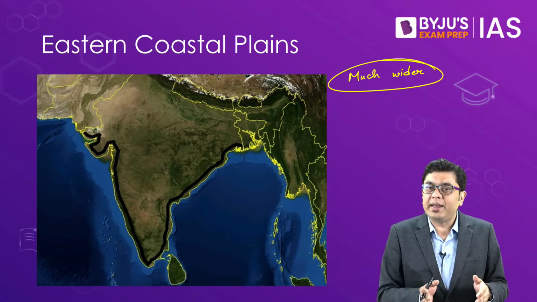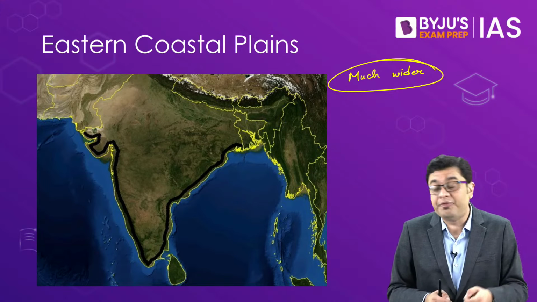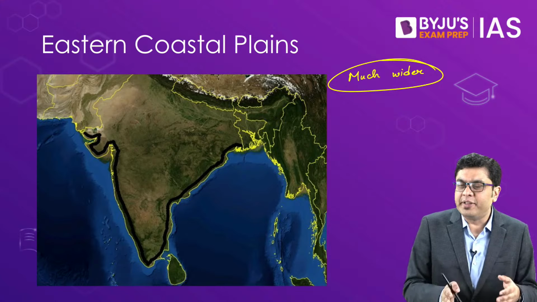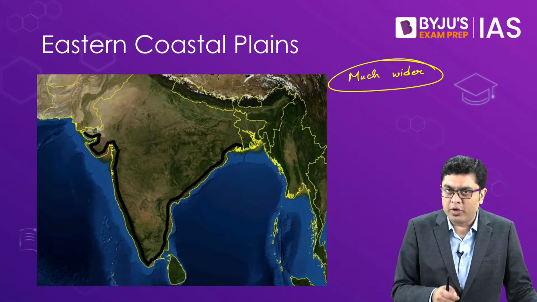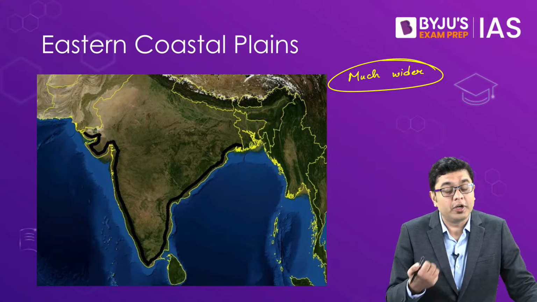Because these wider stretches across the eastern coastline are significantly fertile. And owing to the presence of moisture from the nearby Bay of Bengal region, they are very productive when it comes to agricultural crops.